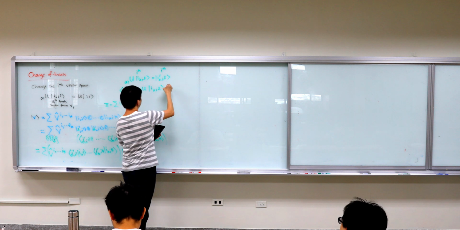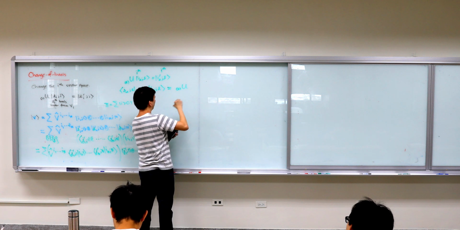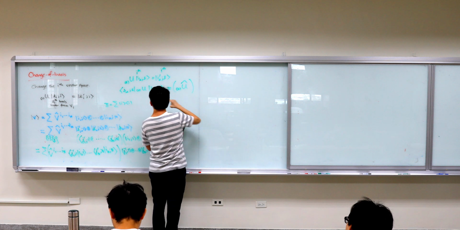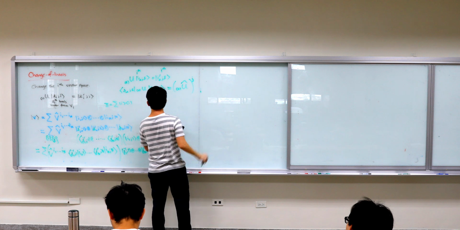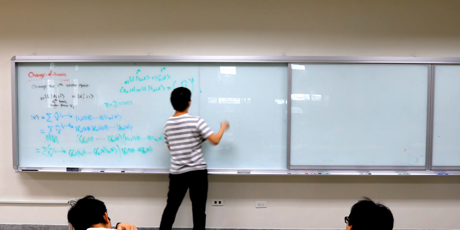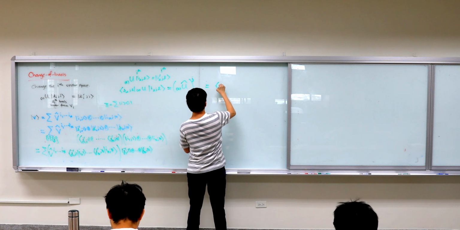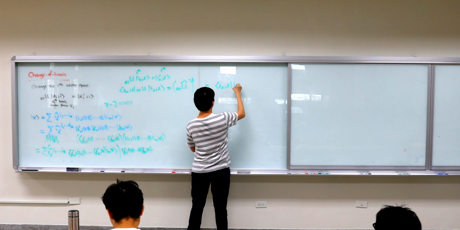Let me write that down. This is now the Lth unitary operator acting on the Lth vector space. Its matrix element is the Ji component. That's what I mean here, and this is given by the overlap between JLL and ILL.